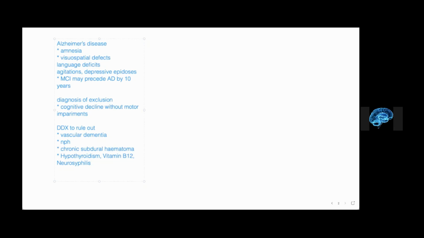a similar clinical presentation of a person being really fatigued, not being able to maneuver around the house, decline in expression of language, and memory concerns. As well is a presentation of hypothyroidism too.